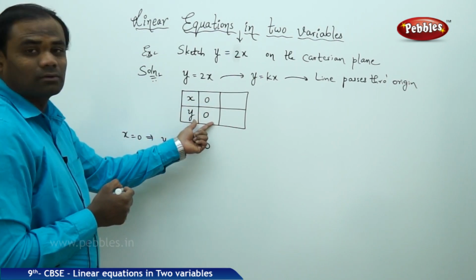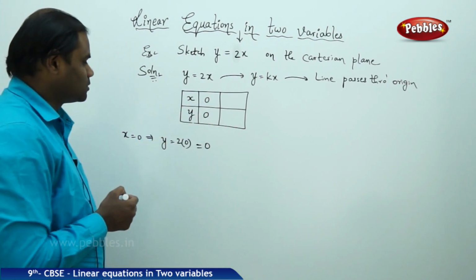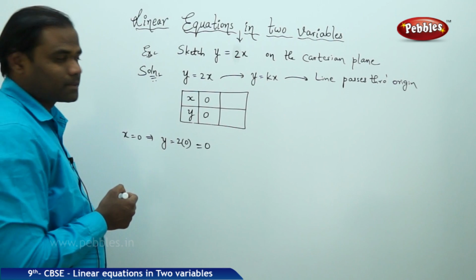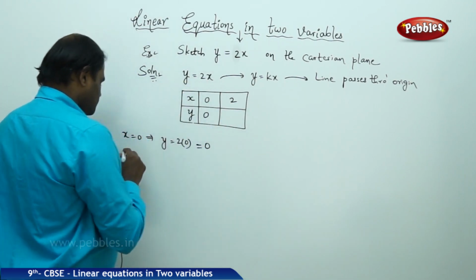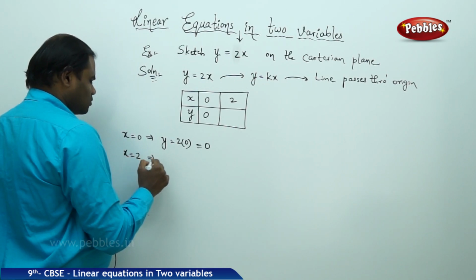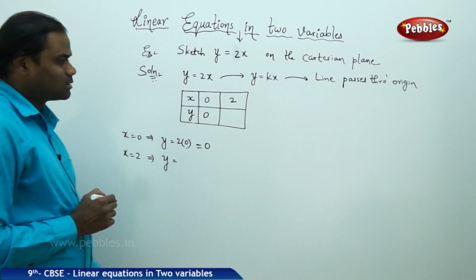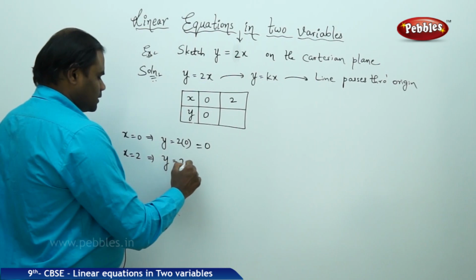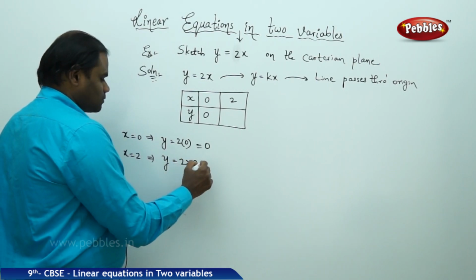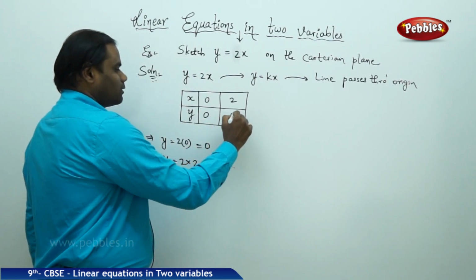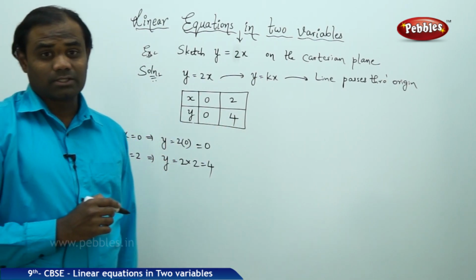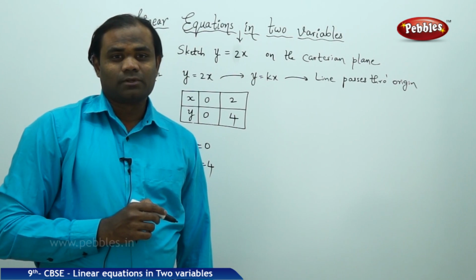Therefore, when x is 0, the y coordinate substitutes to get the value 0. Similarly, if I take another value, say 2, when x is 2, my y is 2 times of x, that is 2 times of this 2, which is 4. Therefore, when x is 2, my y is 4, is how I understand the sketching concept through the table of values.